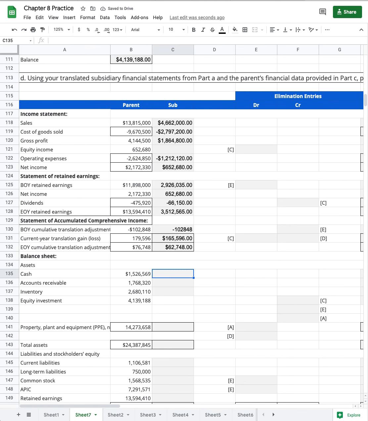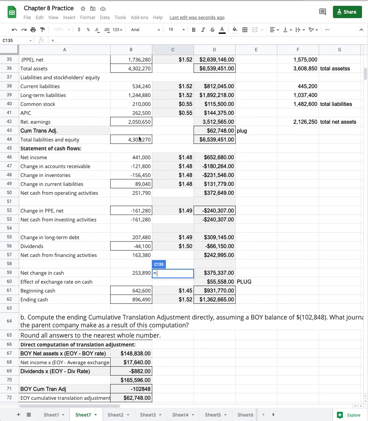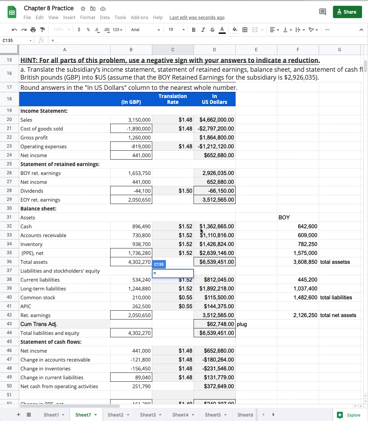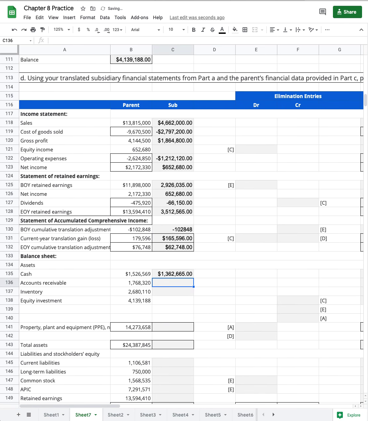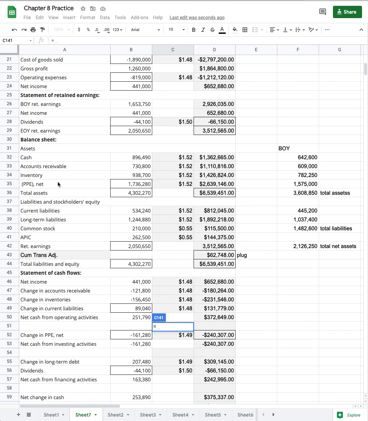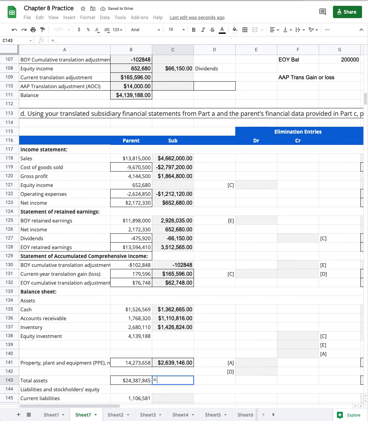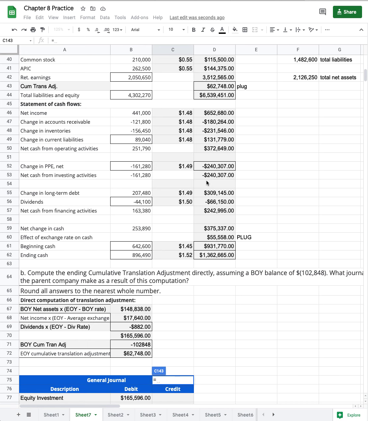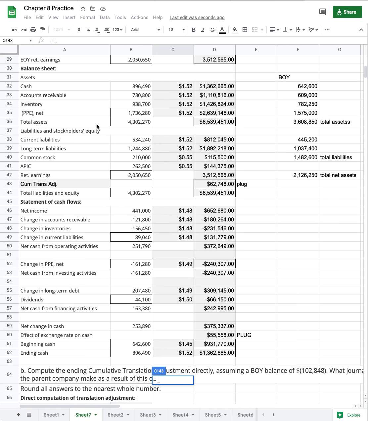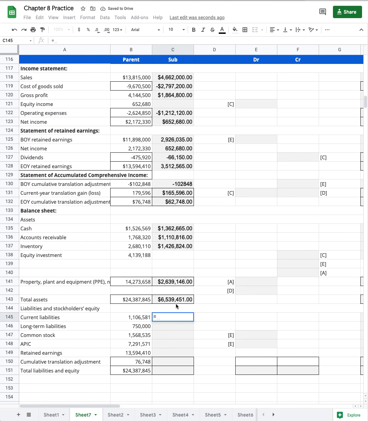Then our balance sheet. Grab our cash. Our PPE. Then our current liabilities.